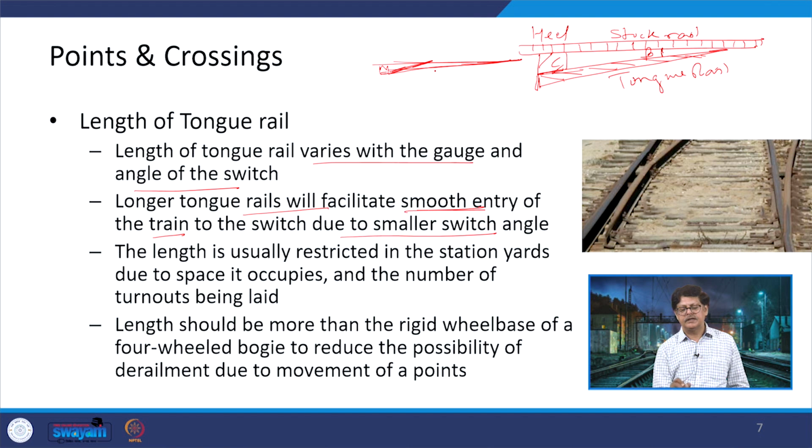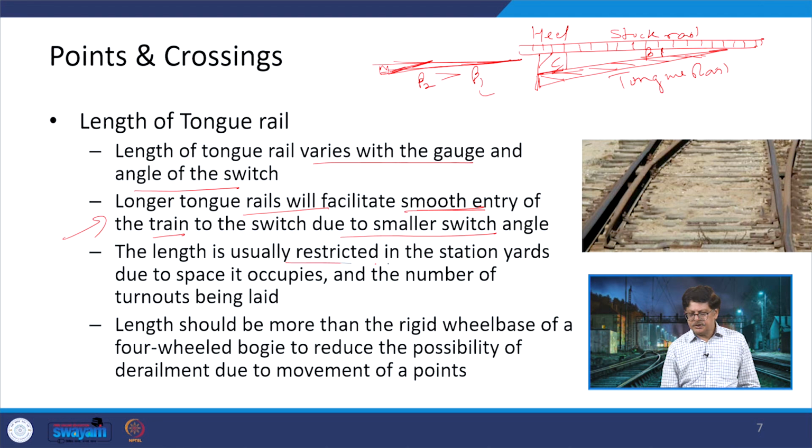So, there is beta 1 and beta 2, where beta 2 is greater than beta 1. This beta 1 is the longer tongue rail with the smaller switch angle. It is good for the smooth entry of trains, and in the case of high speed tracks where trains may be moving at a speed of 130, 160 kilometers per hour, this type of system is better.